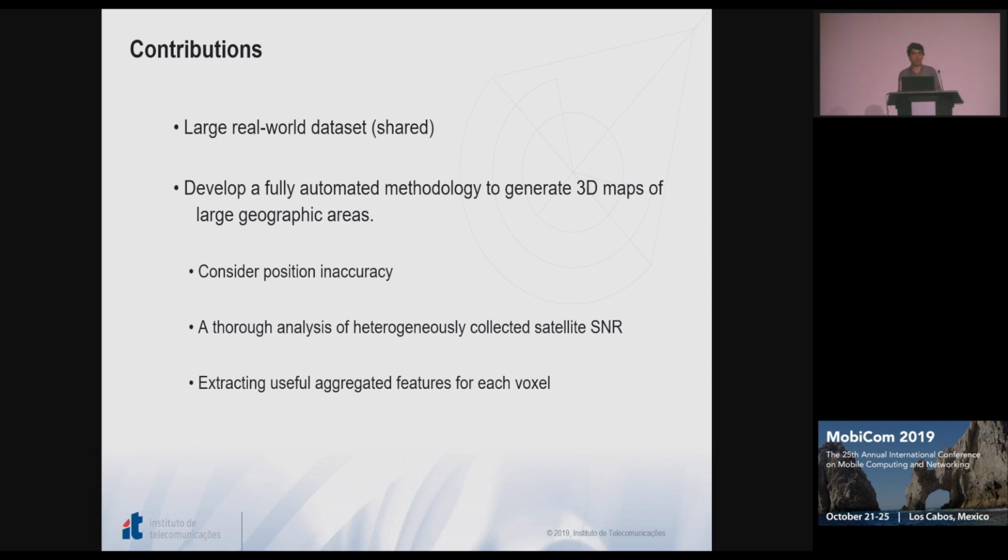By considering position inaccuracies, our algorithm automatically improves over time as new GPS technologies improve the accuracy of smartphones. And we also, in the article, performed a thorough analysis of heterogeneously collected satellite SNR. And finally, we extracted useful aggregated features for each voxel.